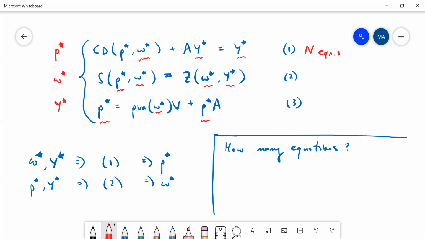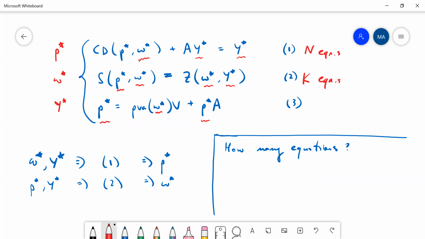How many equations in the second set? Remember the meaning of this equation. This is supply equals demand for primary factors, production factors. So it must be K equations, because you have K different primary factors.